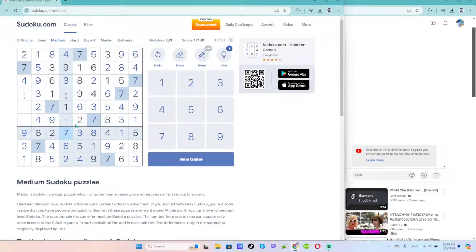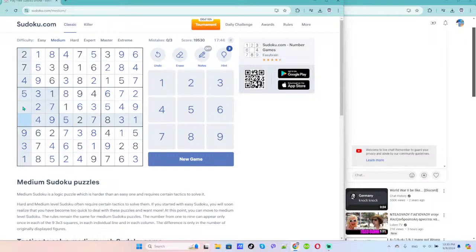And now the two missing numbers from this column are 5 and 8. I see an 8 here, so an 8 is going to be placed here. Here goes number 5, and here goes number 5.